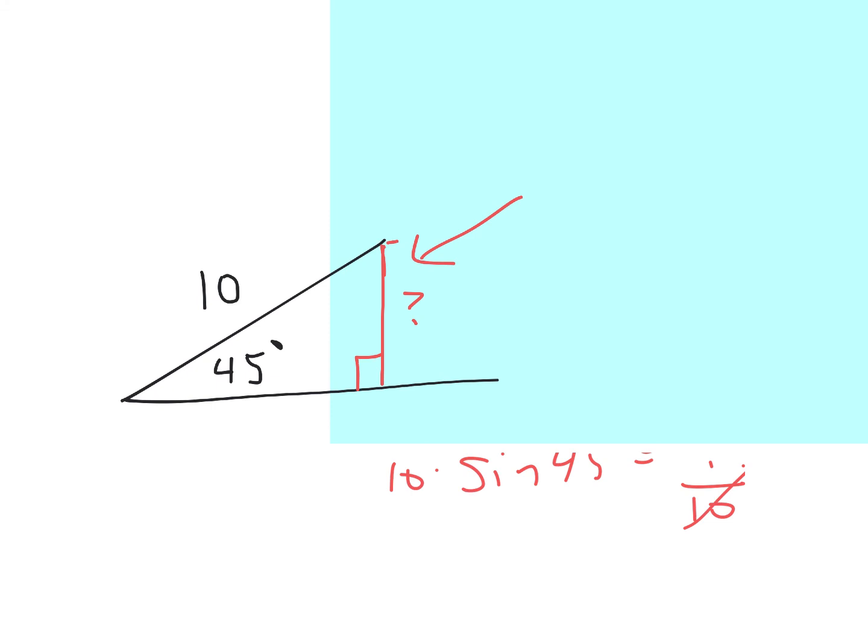Go to my calculator. 10 times sine 45. Did you get about 7? Okay. So that is not ambiguous. That would be exactly how long it would be. I'm going to round it to 7.1. That's how long it would be if it was a right triangle.